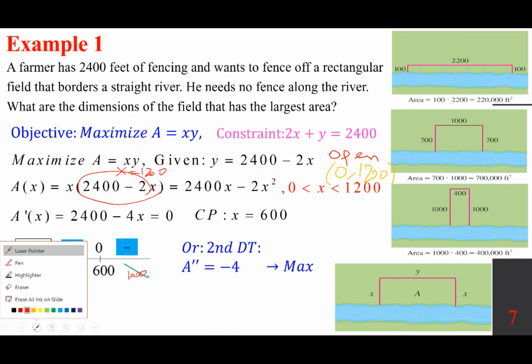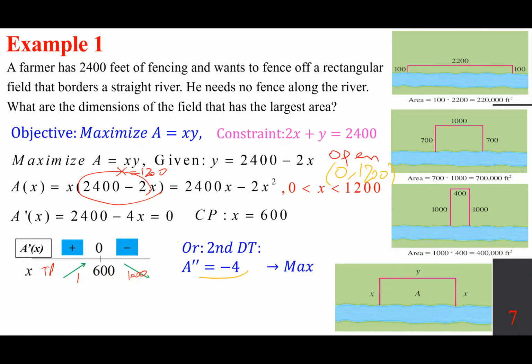Why is that? Because when it's negative, it means it's concave down, looking like that. And therefore, the maximum occurs at that point. So x equals 600 gives us the maximum.